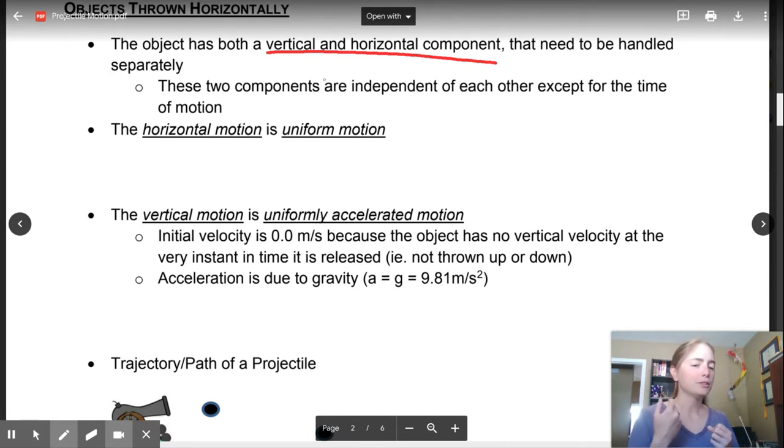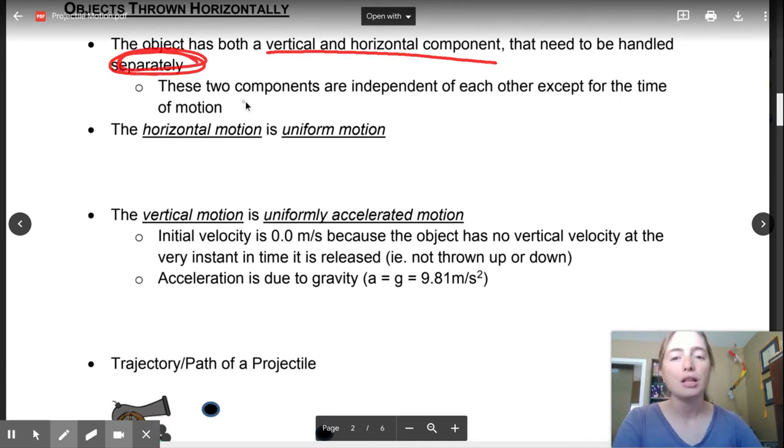We have, on one hand, accelerated motion, and on the other, uniform motion. So we need to keep our vertical and our horizontal math completely separate. These two components must be handled separately.